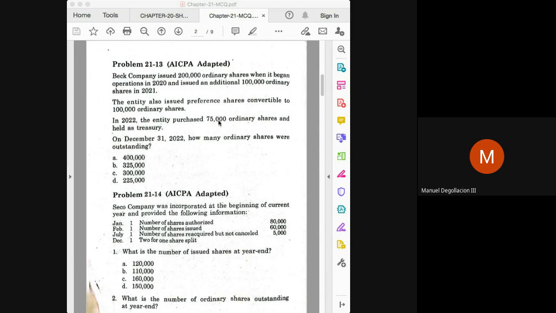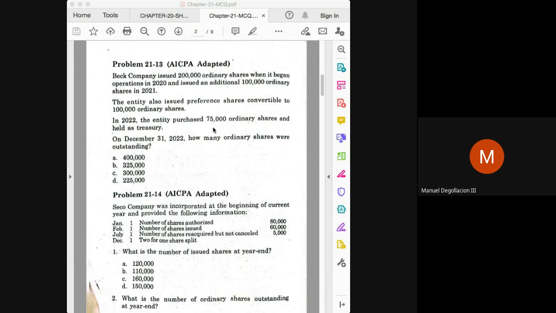The entity also issued preference shares convertible to 100,000 ordinary shares. Now, this is not included because these shares are still preference shares. They have not yet been converted.